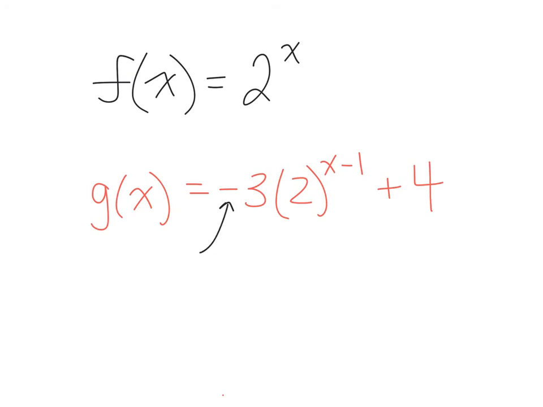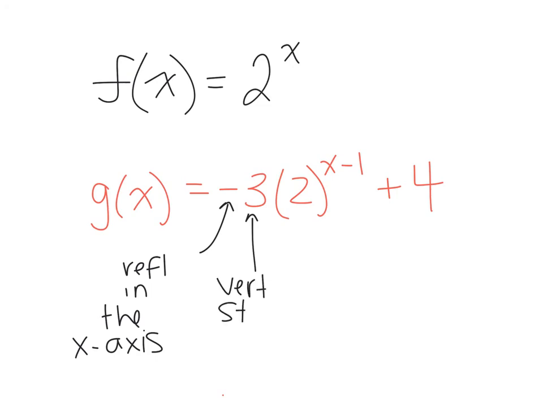So I would know that this is a reflection in the x-axis, and then the 3 is going to be a vertical stretch by 3. The minus 1 is going to shift it right 1. And the plus 4 is going to shift it up 4.